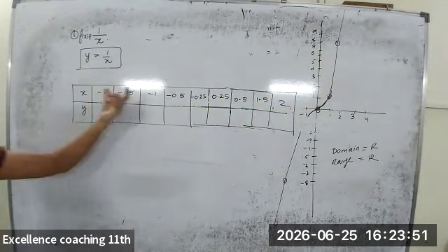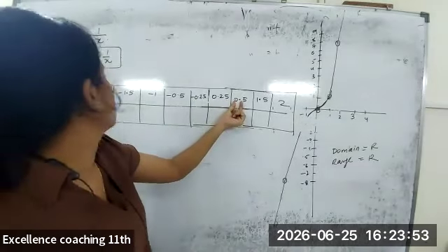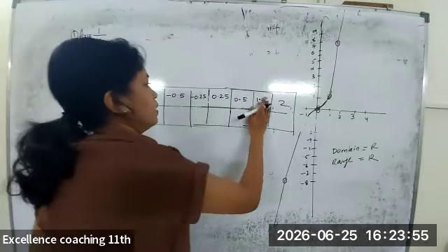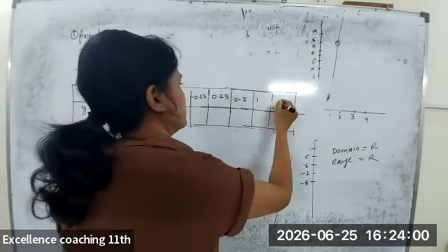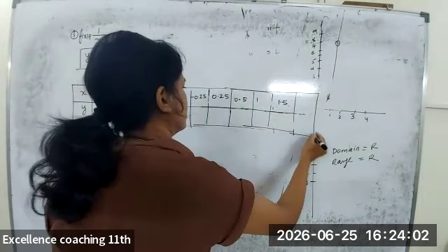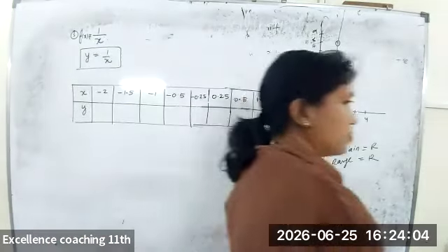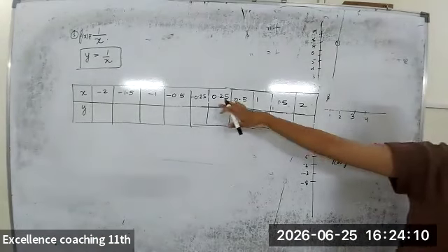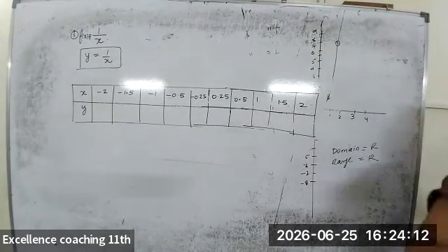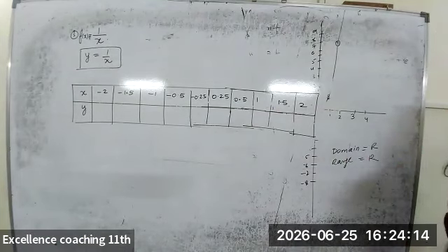Whatever positive we have taken, take the same way on the other side: 1, 1.5 and 2. So only for this you'll have to remember roughly the values. Otherwise, for the rest you take the standard ones, -4, -3, -2.